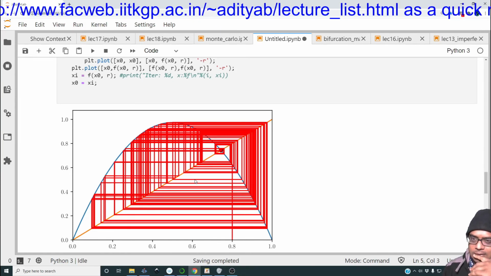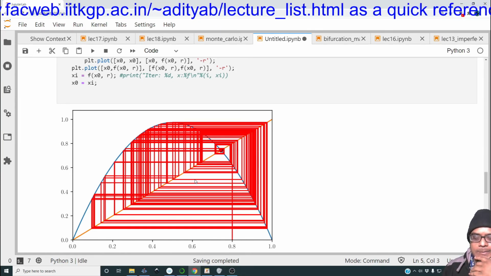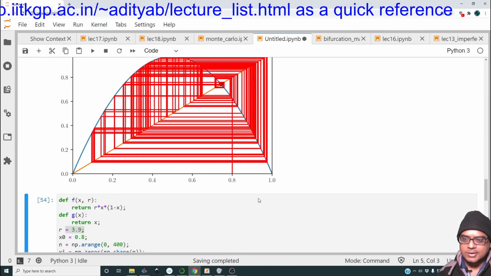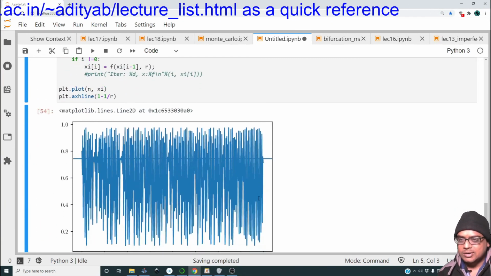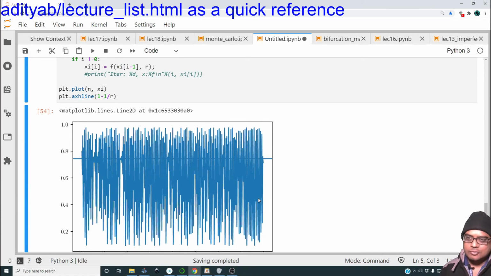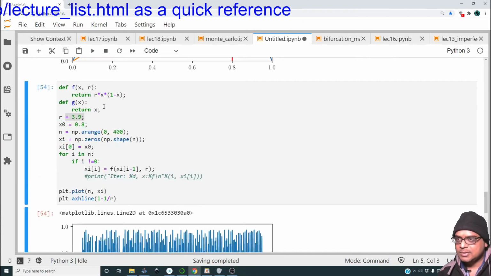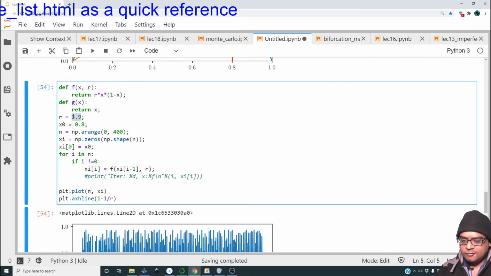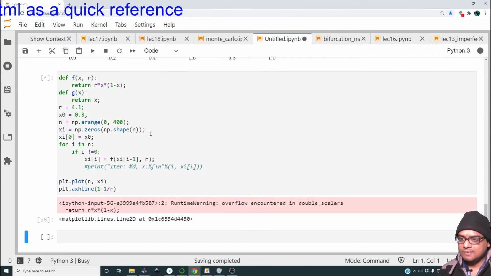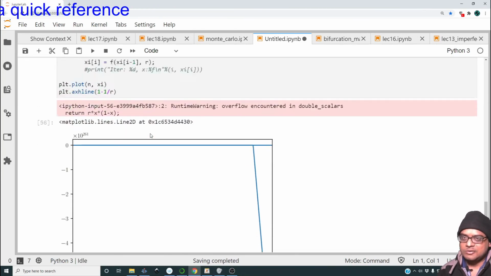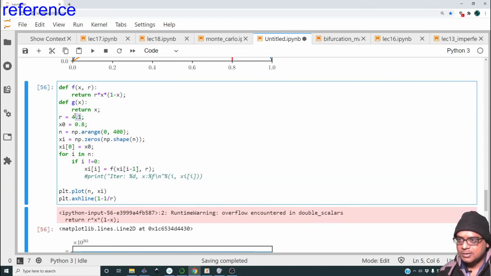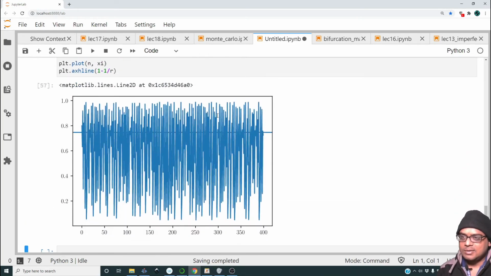and it appears to be like a limit cycle that we have studied in the nonlinear dynamics part, but there's no periodicity. And let me make it 4.1, let's see, and it blows over to infinity. Well, let me make it 3.95, and we still have something like this.